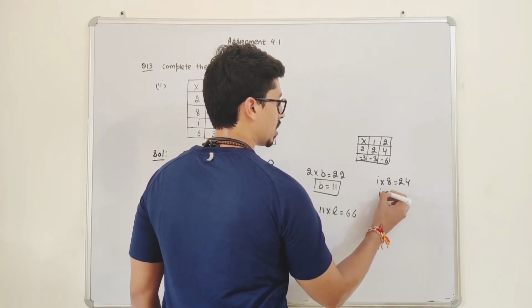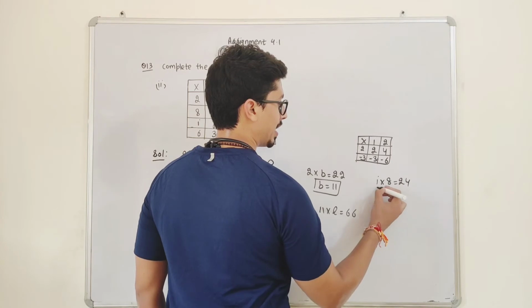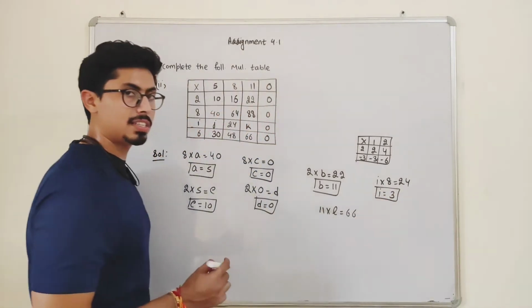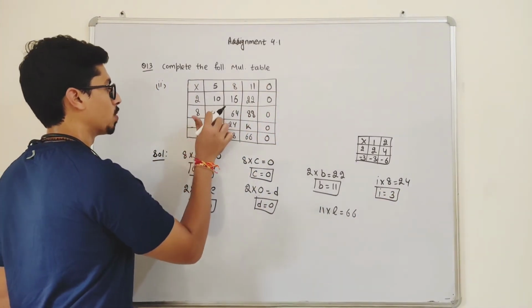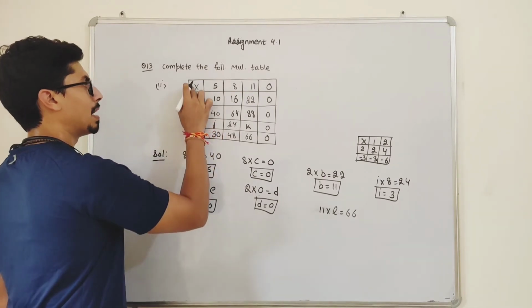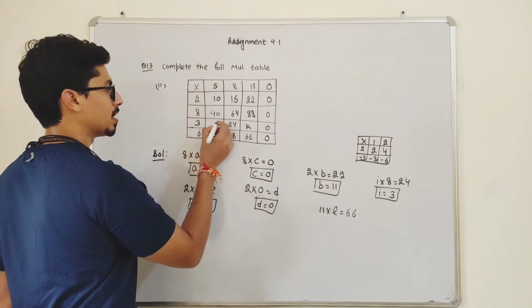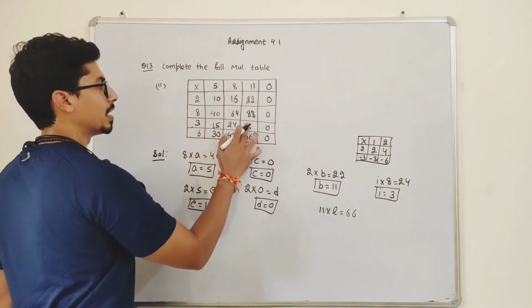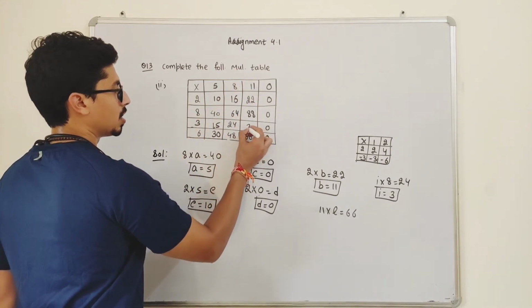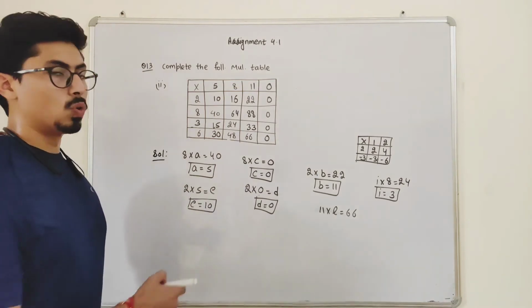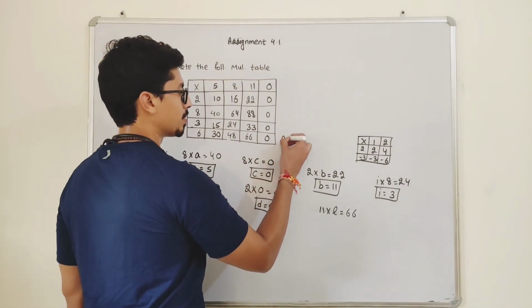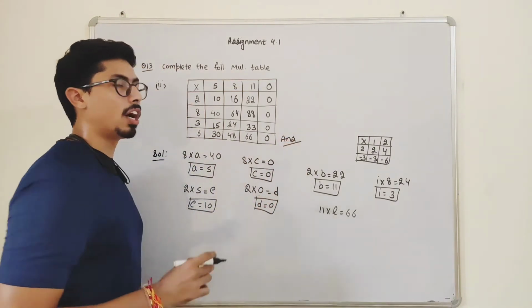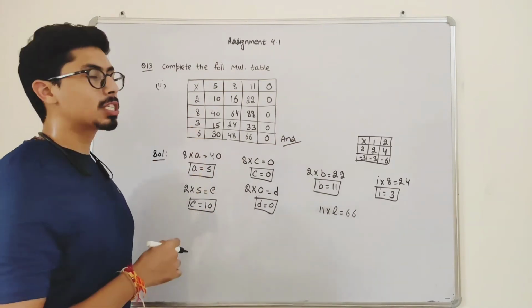That means I is equal to 24 by 8, that is 3, because 8 3s are 24, so the value of I is 3. So 3 multiplied by 5 is 15, and 3 multiplied by 11 is 33. So this is our required answer, because I have found out all the blank spaces.